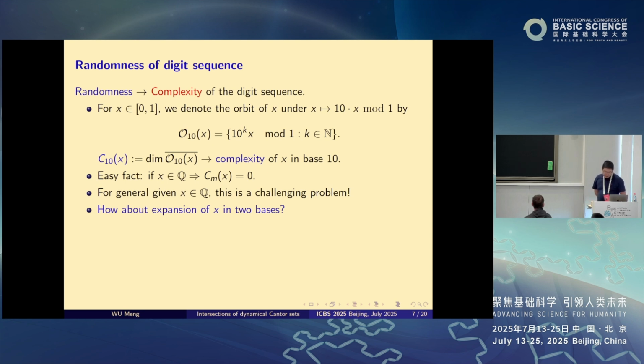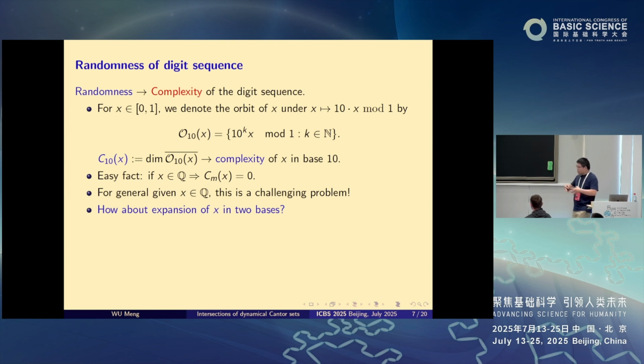So then how about if we turn the problem a little bit and look at the expansion of numbers in 2 different bases, say. Okay, so it sounds like, you cannot understand the problem in one basis, why should you bother yourself to look at it in 2 different bases.